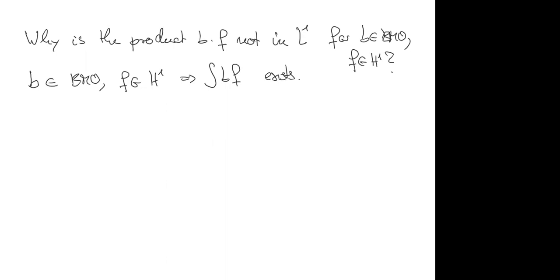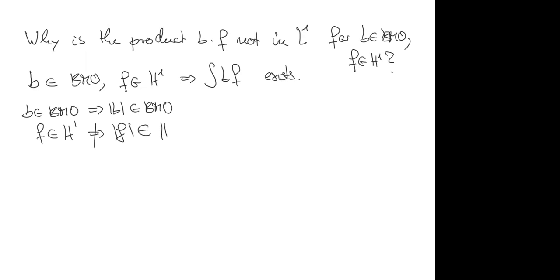Because you can observe that if B is in BMO, then the modulus of B will also be in BMO. But if F is in H1, then in general the modulus of F is not in H1. Because if you look at the real H1, cancellation properties are very important.